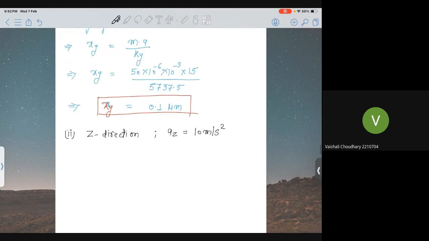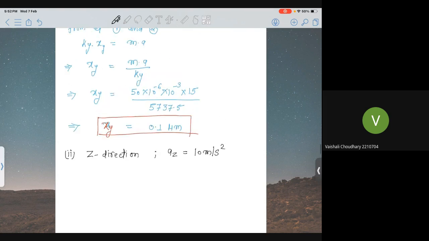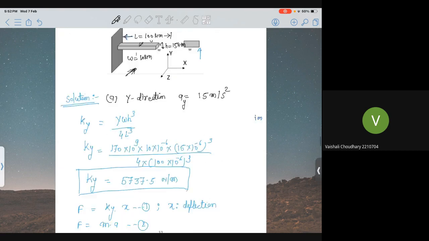In z direction means we are applying a force in this direction, parallel to the width.